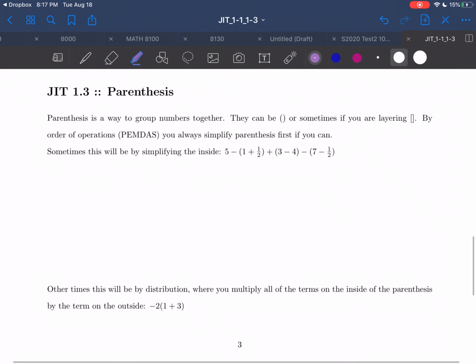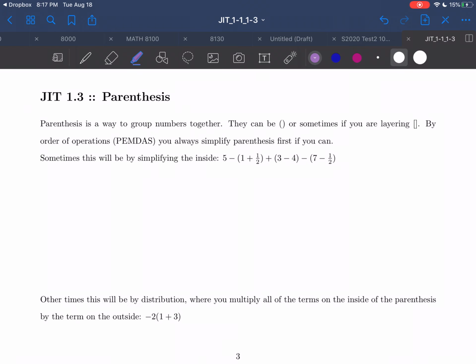1.3. All right, and so we're looking at parentheses. Parentheses are just a way to group numbers together, or letters. Sometimes we use letters to represent numbers. They can be parentheses like this with the curve, or sometimes we might have more than one, like parentheses inside of parentheses.